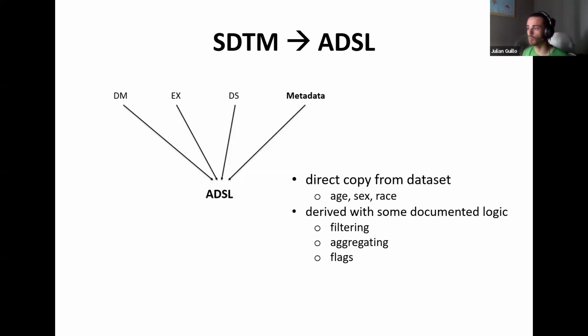Like, for example, you may want to aggregate age from 0 to 18 years old, from 18 to 64, and from 64 onwards. So that way you are using the age, but you are doing some aggregation. And the same with sex or race or many other columns on some of the SDTM domains.